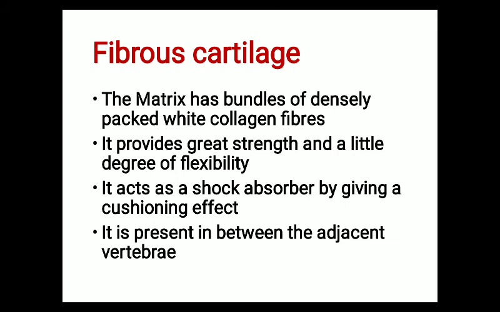The third type of cartilage is fibrous cartilage. The matrix has bundles of densely packed white collagen fibers. It provides great strength and a little degree of flexibility. It acts as a shock absorber by giving a cushioning effect. It is present in between the adjacent vertebrae.